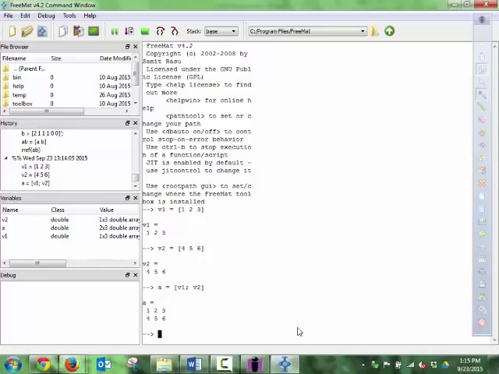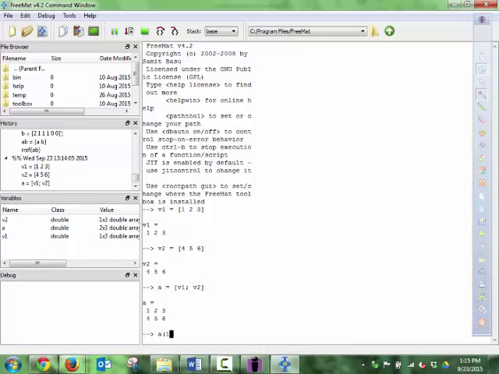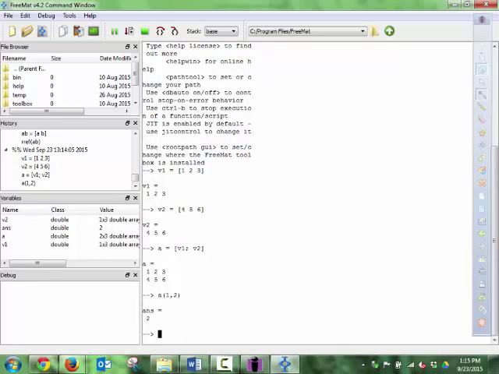If I want to access the first row and the second column, what number is that? That's the 2 up here, right? All I have to do is type in A and then in parentheses 1, 2, and I would get that.